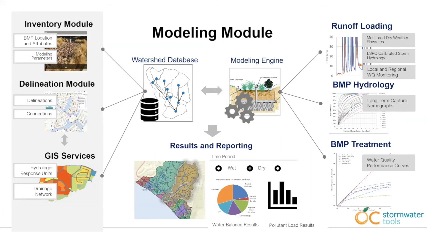So on the left-hand side, we see all the components that change frequently, like editing or adding an inventory item, BMP, or changing a delineation boundary and the associated recomputation of the HRUs needed for us to solve it. And on the right-hand side, we have our modeling input information. These inputs are editable, but are only updated periodically to represent our best available modeling data for our region.